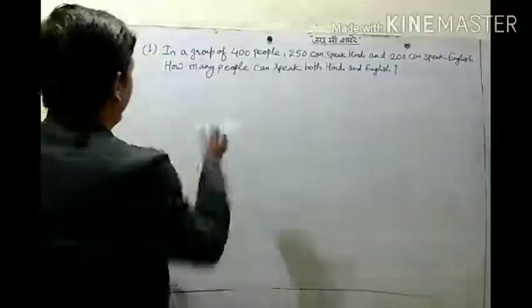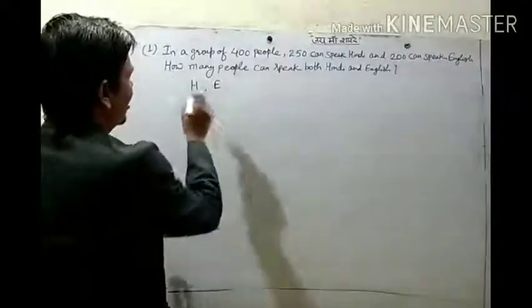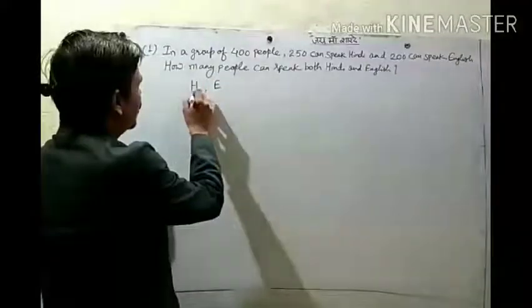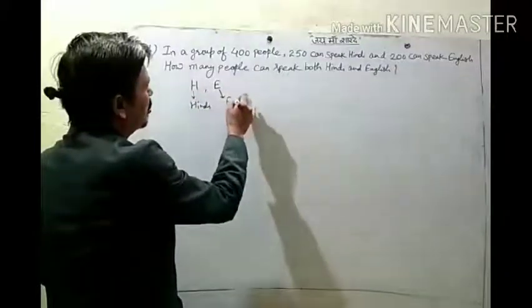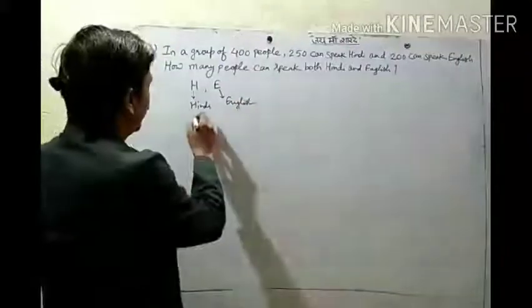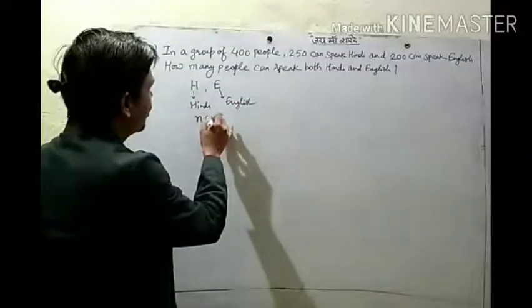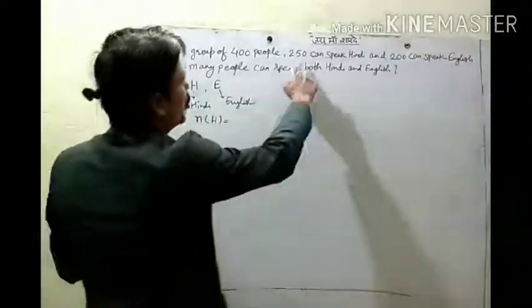So here if we use set H and E. Suppose H denotes the set of persons who speak Hindi and E denotes the set of persons who speak English. Okay? Then number of elements in H, how many speak Hindi? So we have 250 persons.